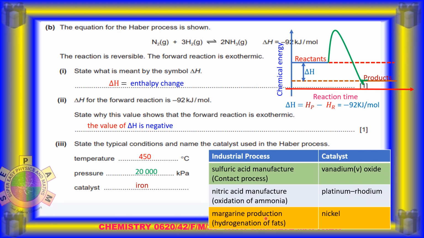Then margarine production, that is hydrogenation of fat, you have nickel. Nickel is a transition element. Vanadium is also a transition element. So most transition elements are the catalysts used for most industrial processes to speed up the rate of chemical reaction, but they don't necessarily take part in the reaction.